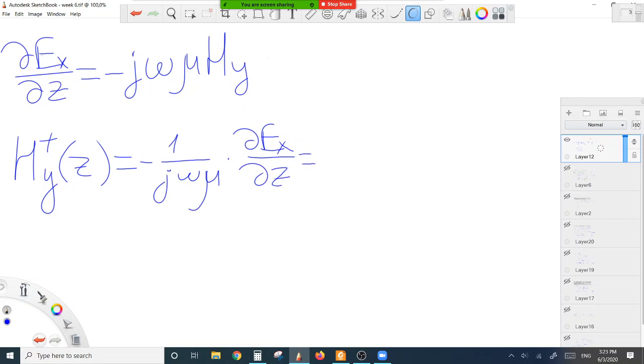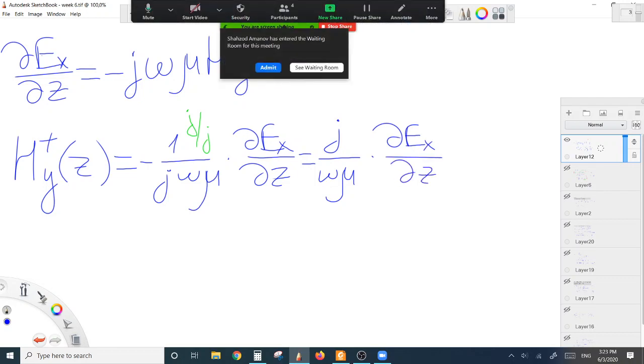Or if we multiply here j by j, we have j over minus 1, and the minuses simplify, so we have j over omega mu multiplied by dEx over dz.